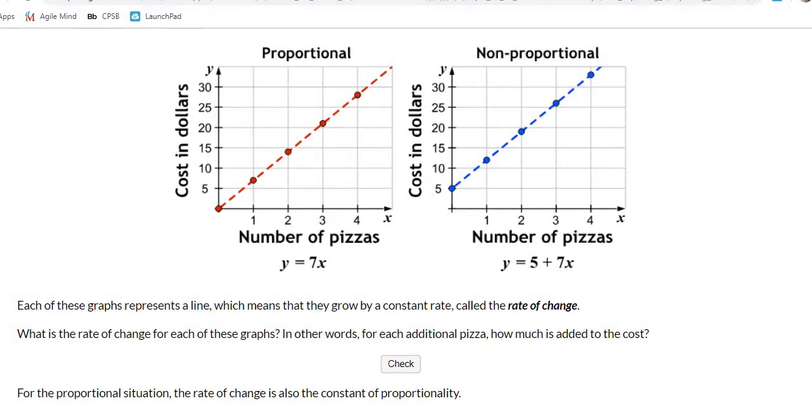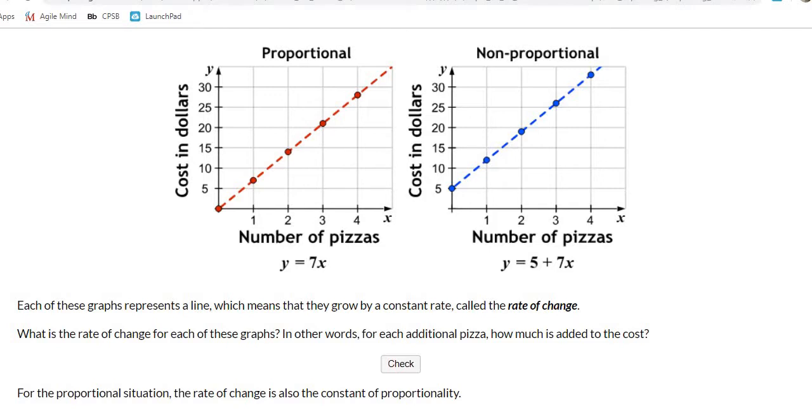We agreed each of them is going up by 7 every time. Yes, ma'am. Thank you. So we're calling that rate of change. What is the rate of change of this red line? 7. What is the rate of change of the blue line? 7. They both were 7.